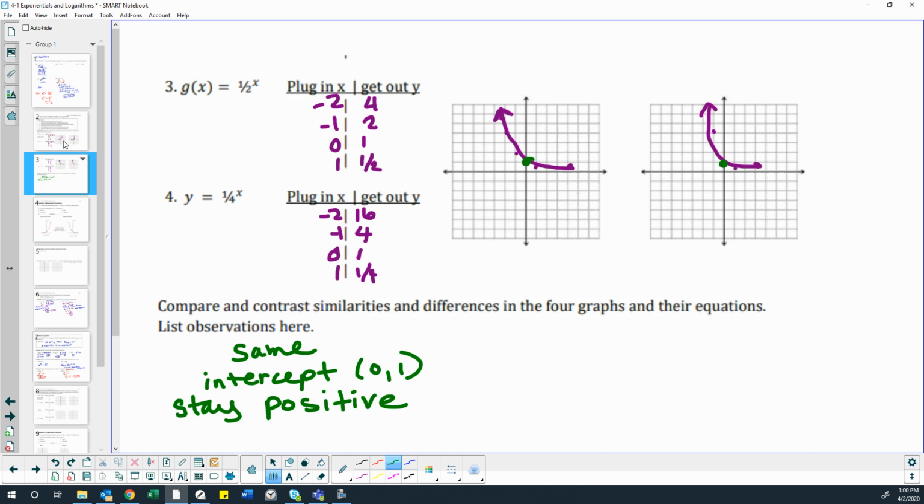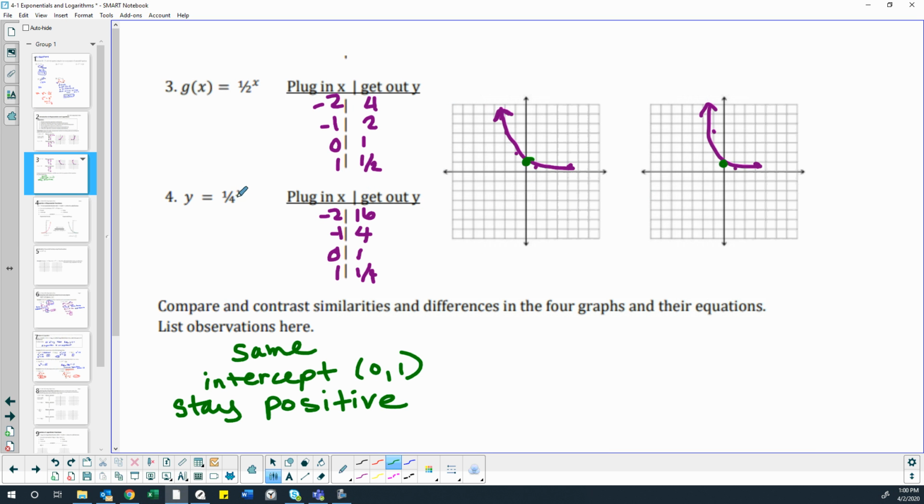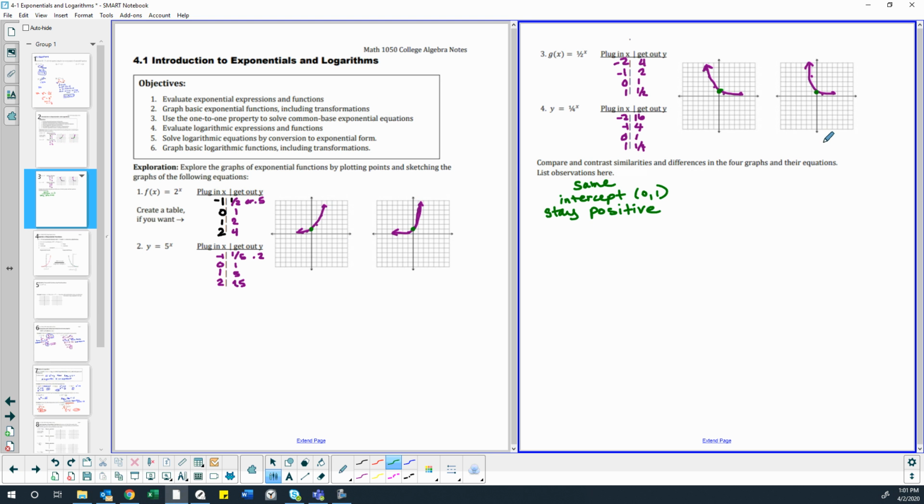Okay, so how are they different? Well, we already kind of talked about the differences in these: the larger base is steeper. And same thing here, the larger number in the fraction of our base makes that one a steeper decline. And then the difference between the two graphs themselves, maybe I should switch to this screen so we can see them all at once. So these graphs are going upward and their bases are bigger than 1.